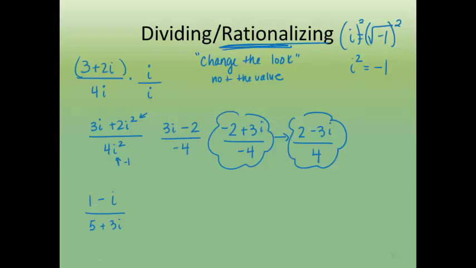Now this type of rationalizing is going to look a little bit different, because if I just multiplied by i, I would cancel the i here, but I would create an i over here. So I don't want to multiply it by i. This time I want to multiply it by something called the conjugate.